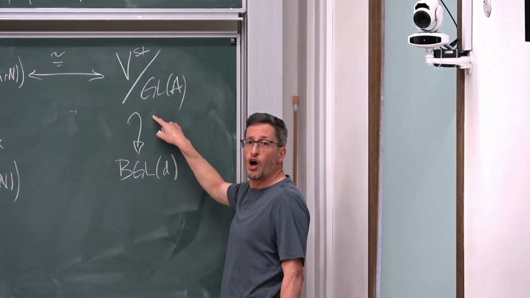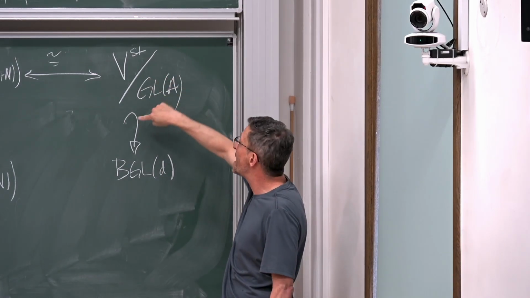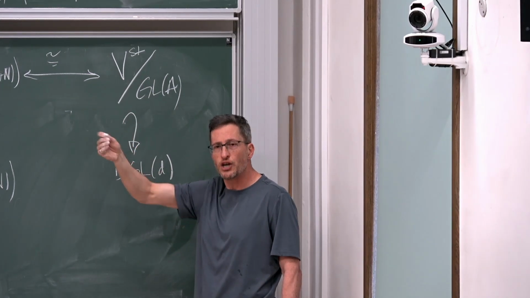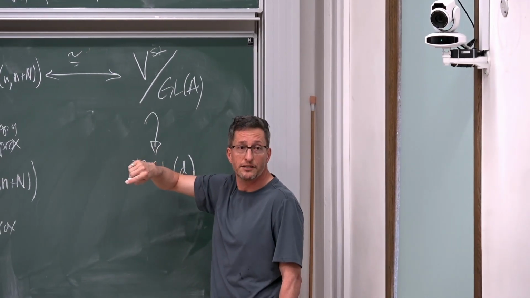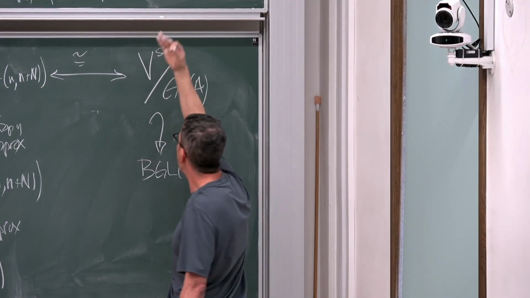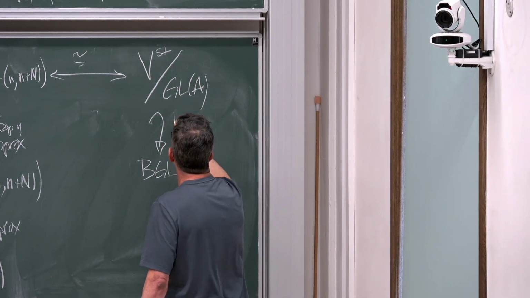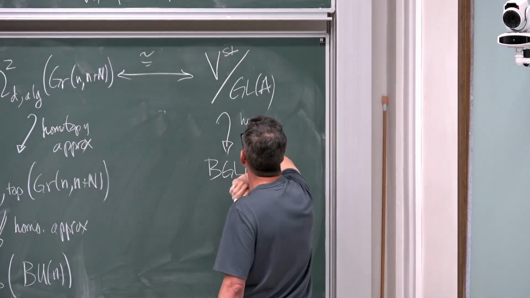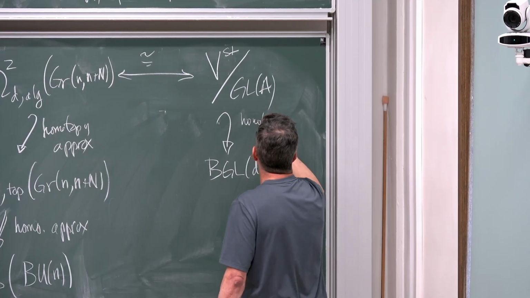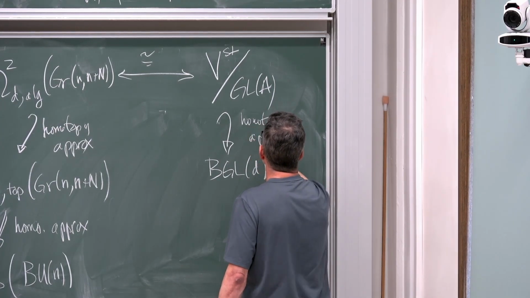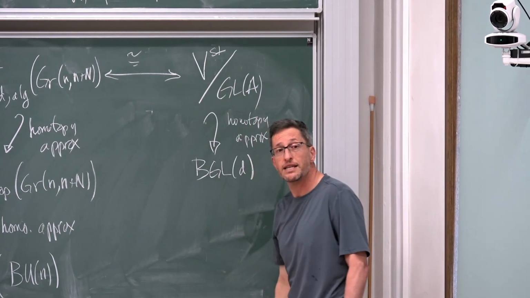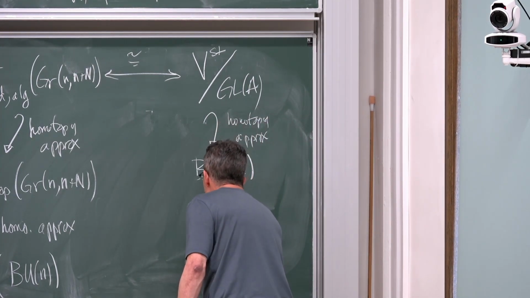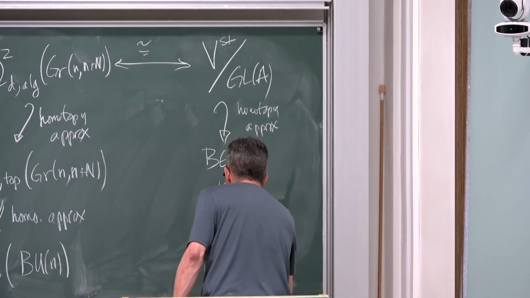And this is also a homotopy approximation where you can compute the bounds, because if you take a space and you throw out a subset of high codimension, the inclusion will be highly connected. I'm really only changing the homotopy groups high up. So you can compute the dimension of the complement of the stable locus in terms of the d and the little n and the big N. And then this, of course, is just homotopic to BU(d).